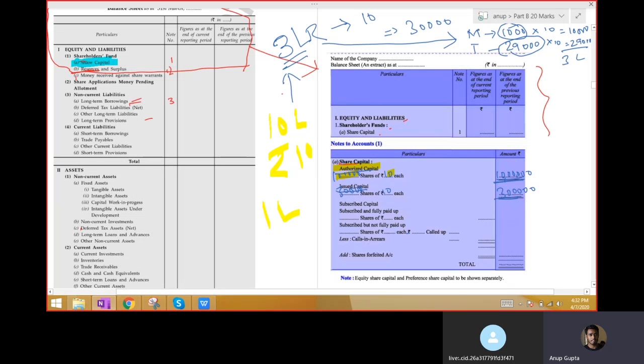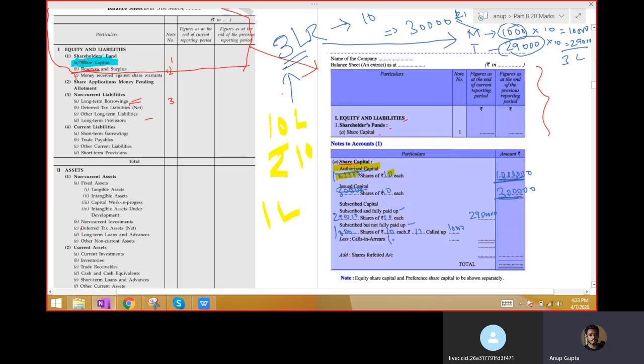We also know Mayank could not pay rupees 1, so he falls under the category subscribed but not fully paid up. Whereas Tanish, who has paid everything, comes under the heading subscribed and fully paid up. So we'll write 29,000 shares of rupees 10 each, that is 2,90,000. And we'll write about Mayank, 1,000 shares of rupees 10 each, and 10 rupees called up because the company asked for 10, that is 10,000.